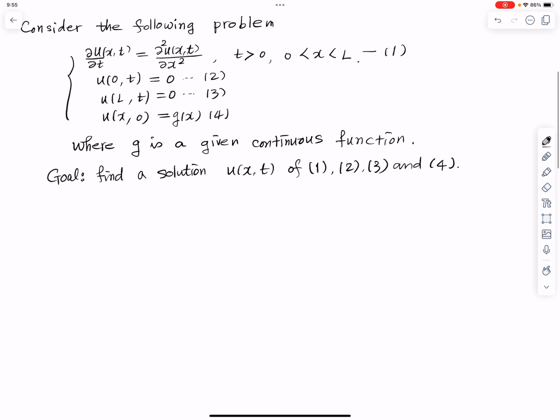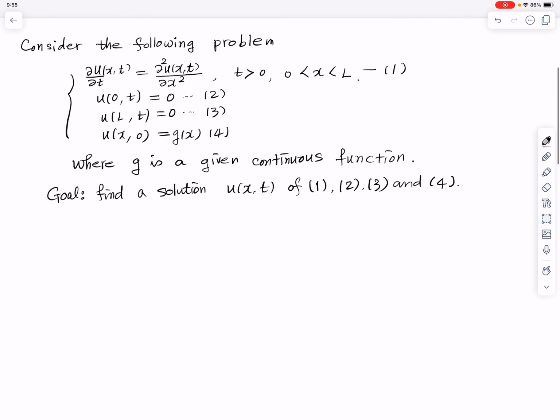So we want to find the explicit solution of these equations. If g is given explicitly, then we may find the solution of equations 1, 2, 3, 4.